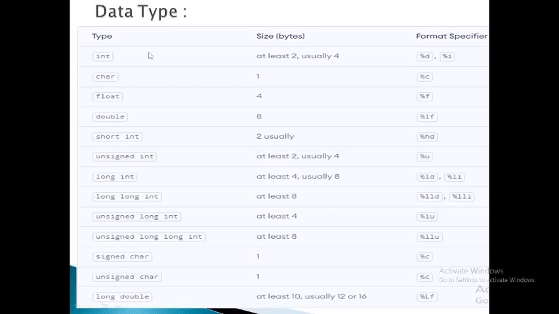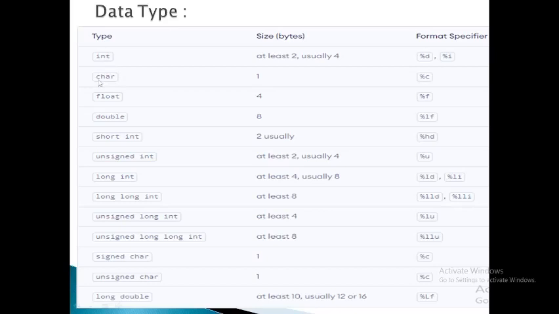Based on that you will be able to understand all the data types. So integer, character, float, double, these are the basic data types.